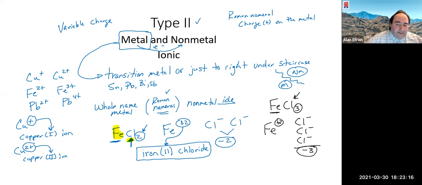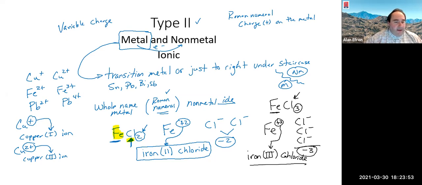In this situation, the iron is carrying a +3 charge, which means it should be iron Roman numeral 3, and again, chloride in terms of the name. The name is really just telling people what you are dealing with in terms of the charge on the metal. Any questions on that?